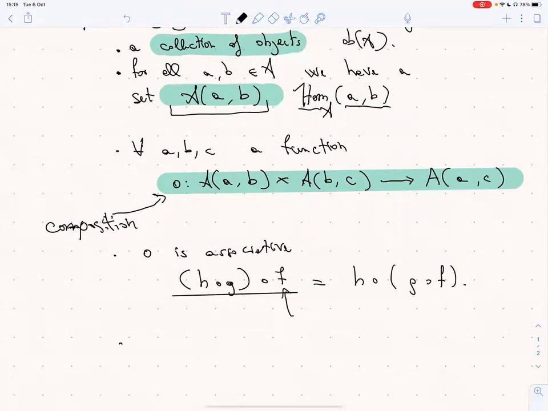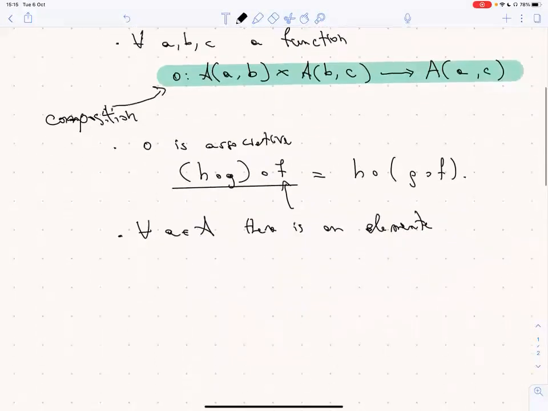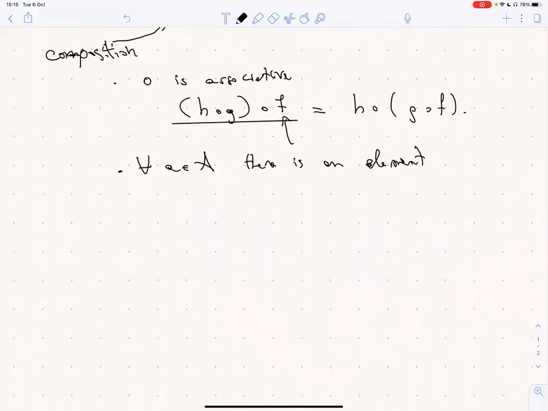And then the last axiom is that for all A in A, there is an element 1_A which belongs to the hom set A(A, A).